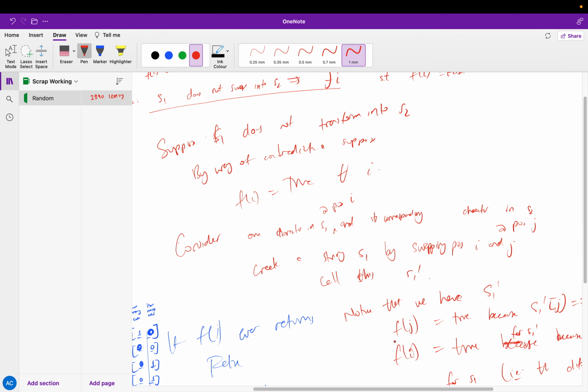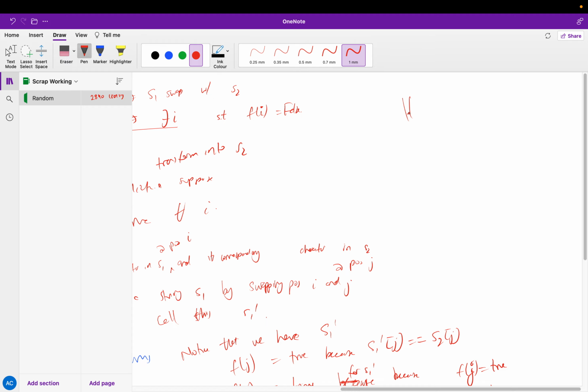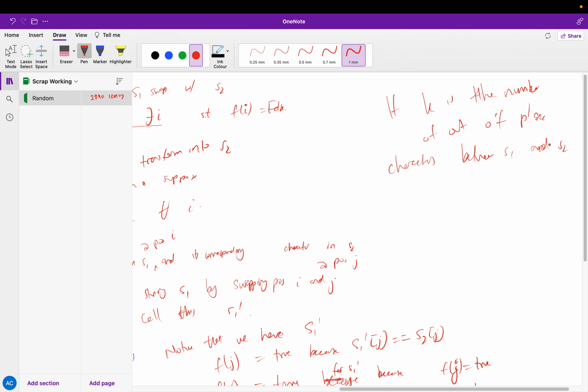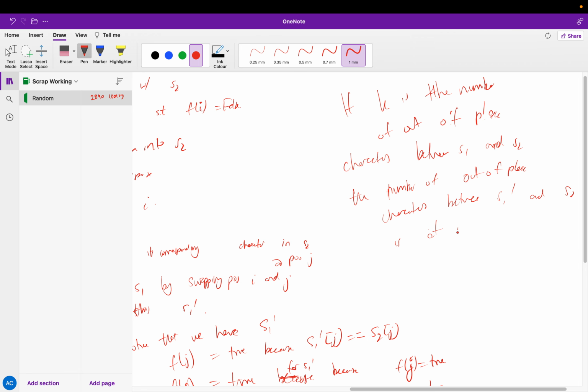So basically, it's more like an induction proof actually. If k is the number of out of place characters between S1 and S2, then the number of out of place characters between S1 prime and S2 is at most k minus 1, because you specifically moved the ith character to its correct position.